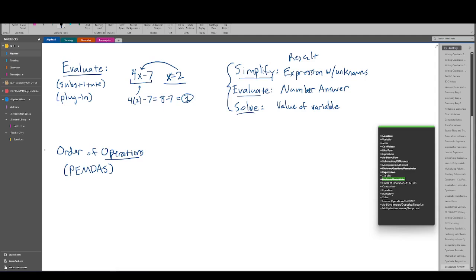Remember, operations are like adding and subtracting and multiplying. So if I had something like 4x minus 2, remember that means 4 times x minus 2. If multiple things are happening to this x, we're multiplying it by 4 and subtracting 2, so the multiplication operation has to happen first.